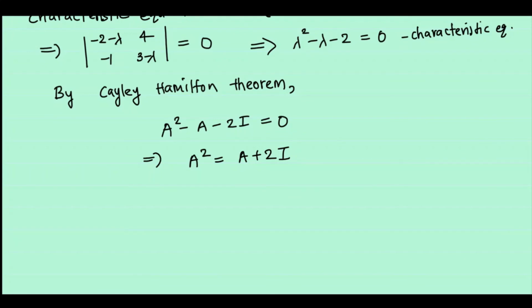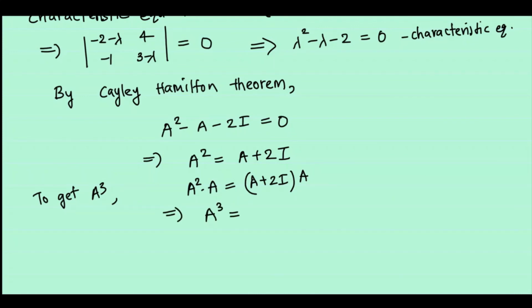Now how to get A cube? To get the next power, A cube, what we have to do? Multiply this equation again with A. So we will get A square into A is equal to A plus 2I into A. So this implies A cube is equal to A square plus 2A. Now what is A square?